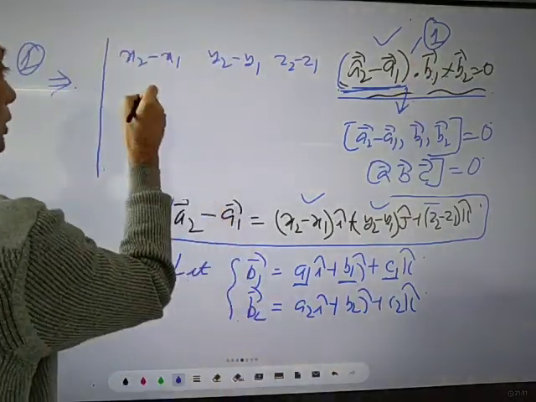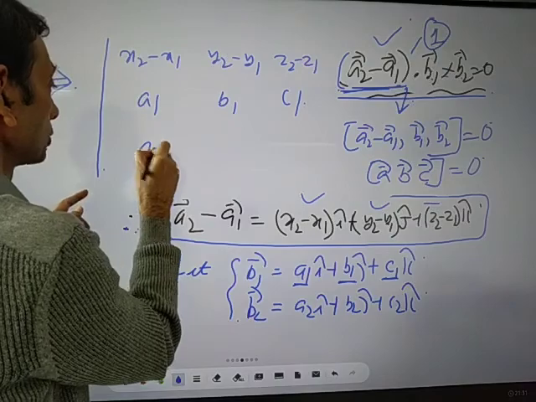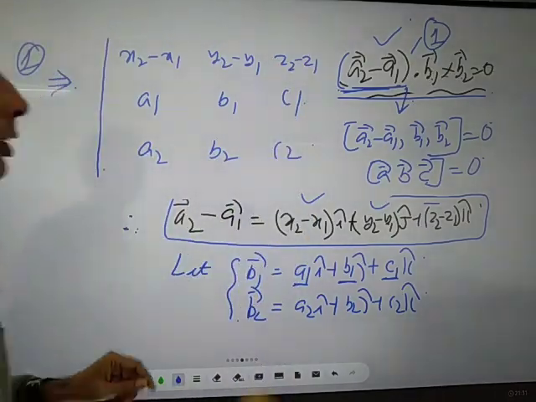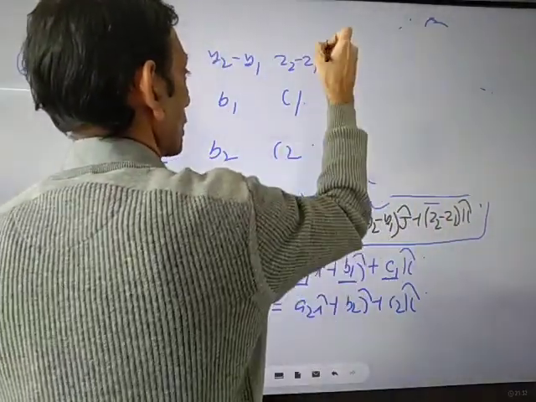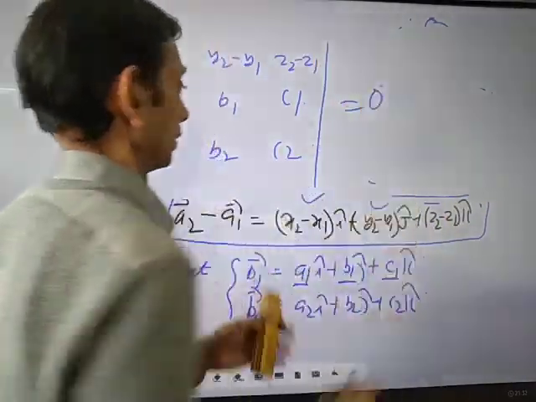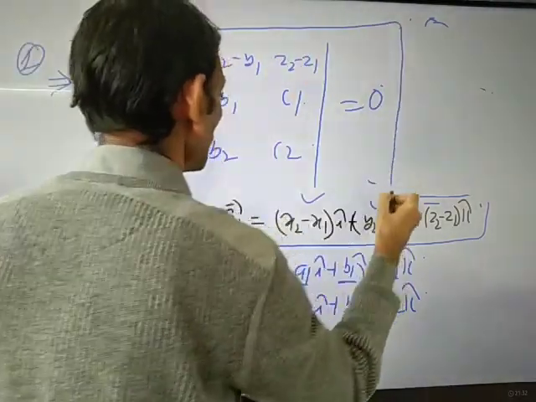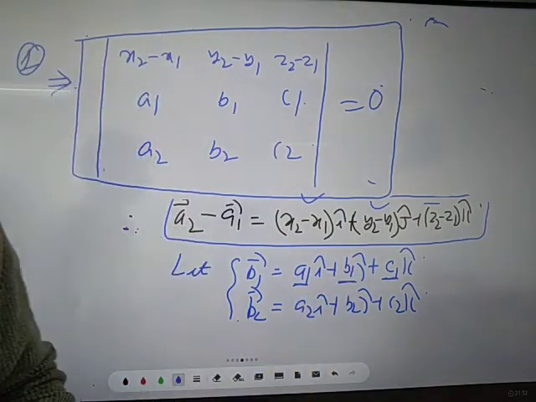This is a1, b1, c1. Similarly, a2, b2, c2. So which is the Cartesian form of the equation to verify whether the two lines will be coplanar or not.